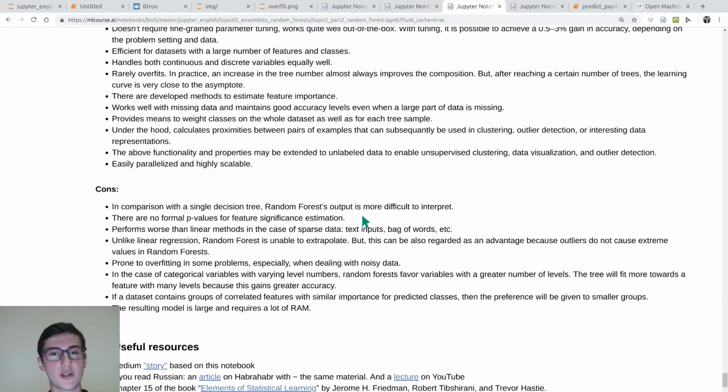Some disadvantages are that random forest is not as interpretable as a decision tree. We had some pictures depicting decision trees and how this model actually works, so it's really very interpretable. But when you average 500 or 1,000 decision trees, unfortunately there is no simple way to draw just an average decision tree.